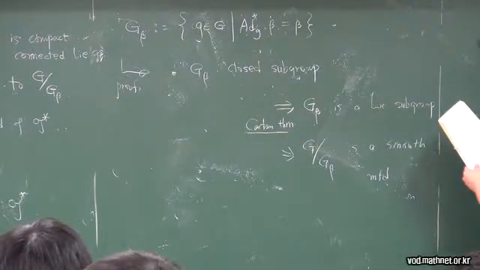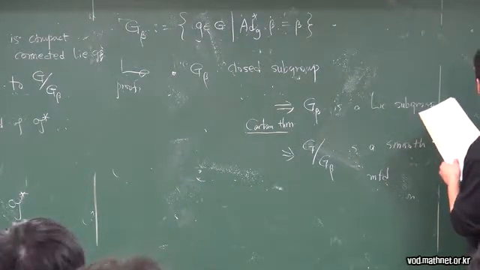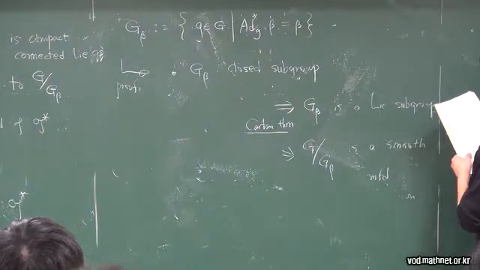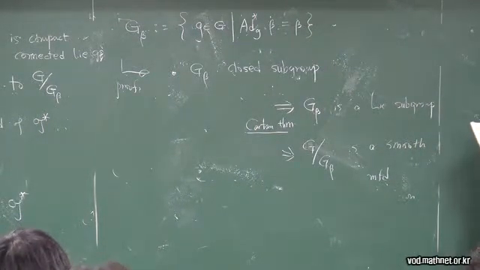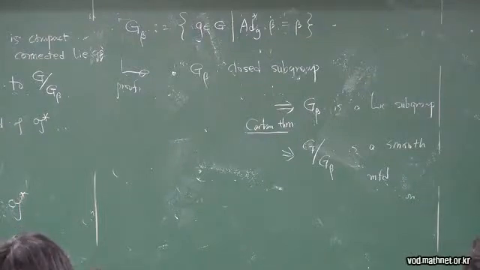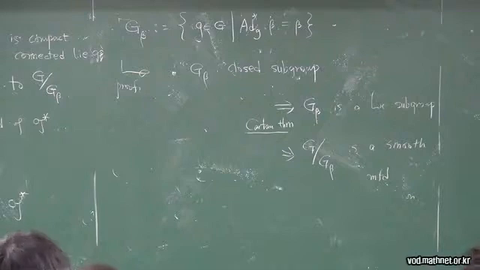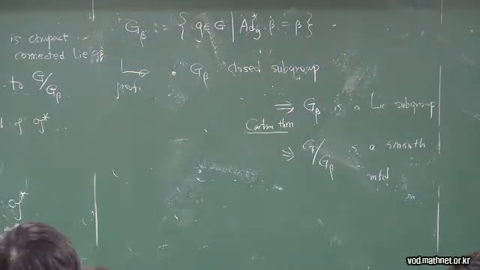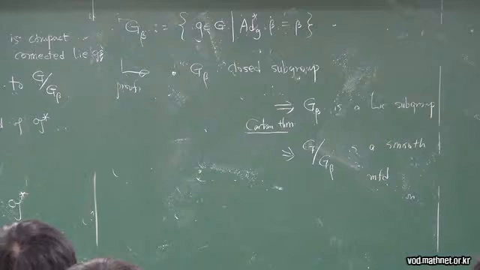And secondly, let's consider the map from G to the dual Lie algebra, which maps g to the point where G acts on beta.